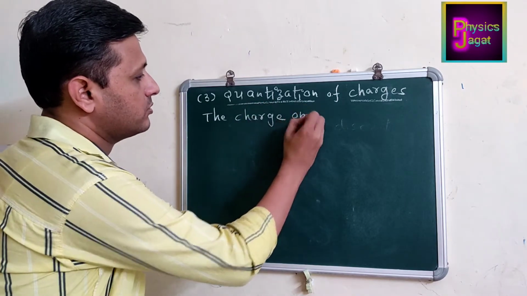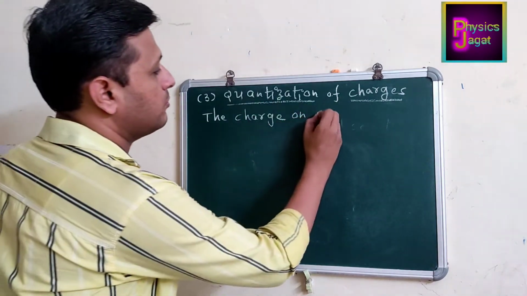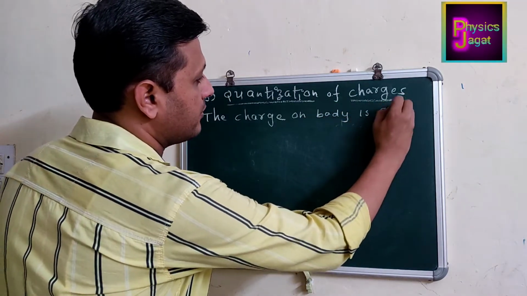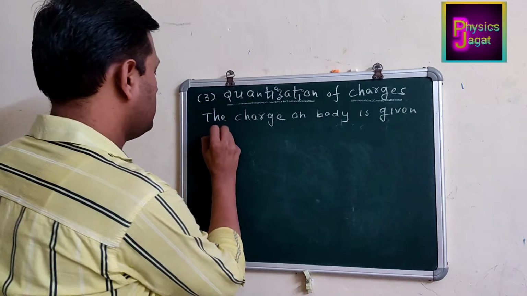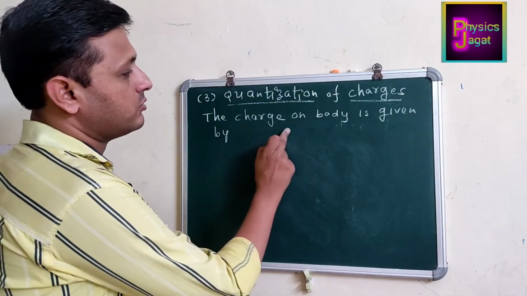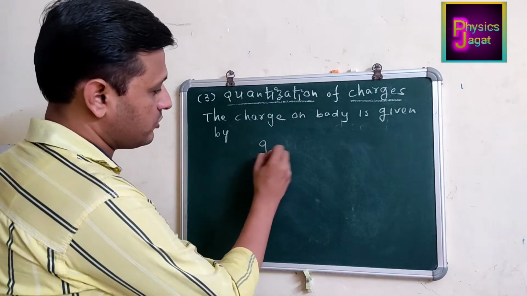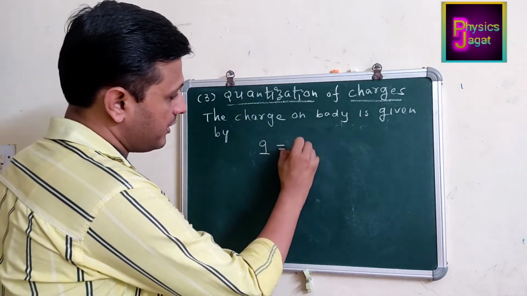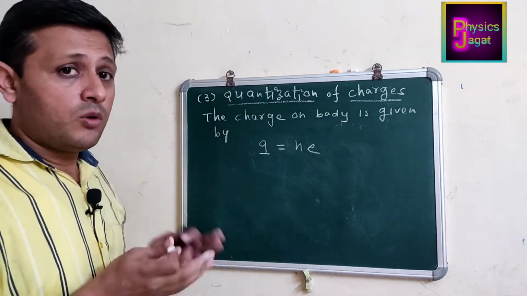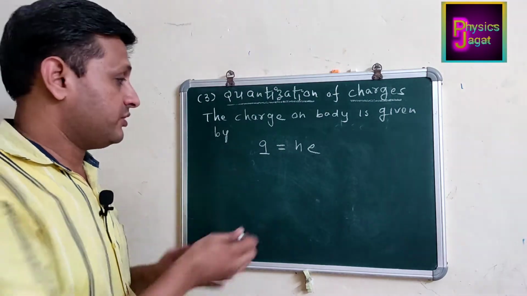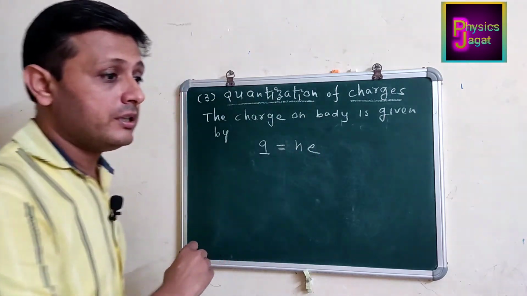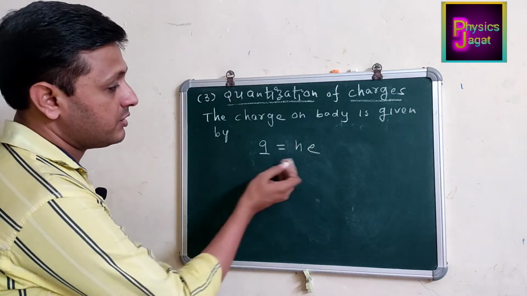So the charge on a body is given by one quantitative equation. The charge q on the body is given by q = n e. This is the amount of charge any body possesses.